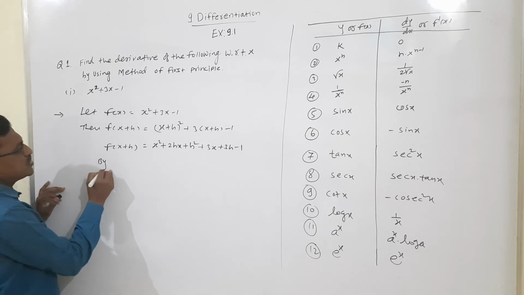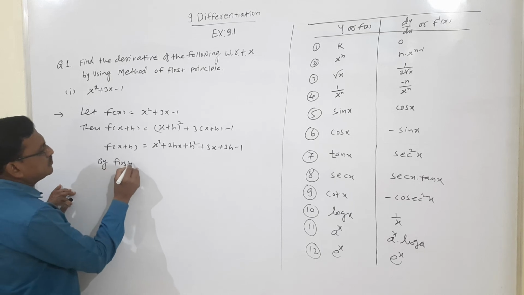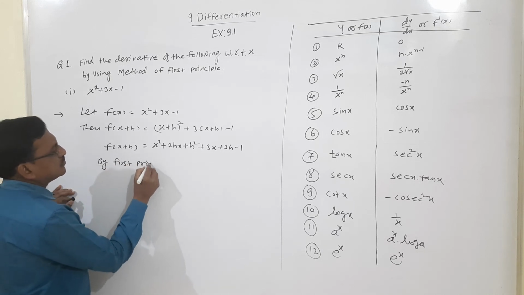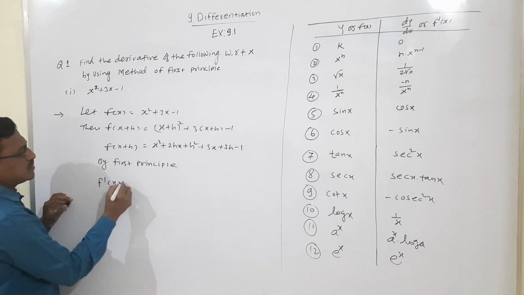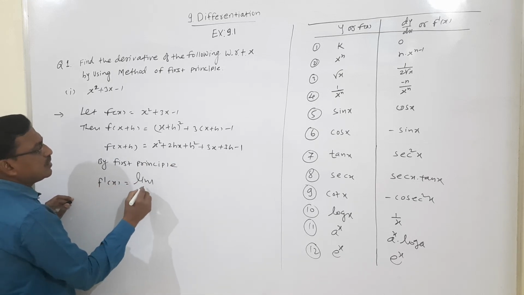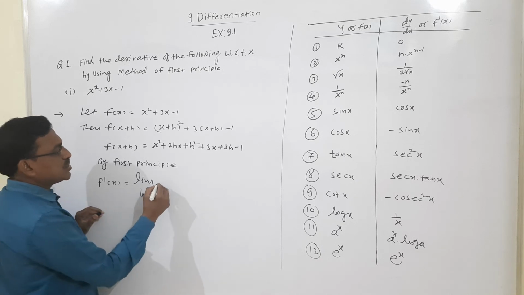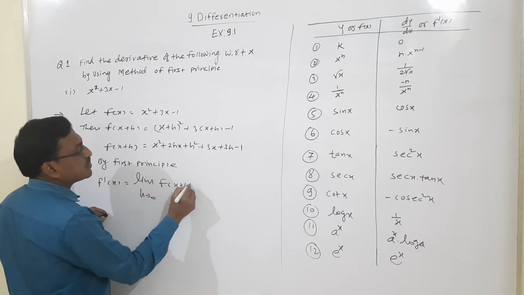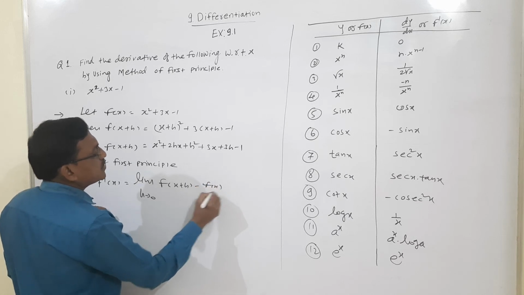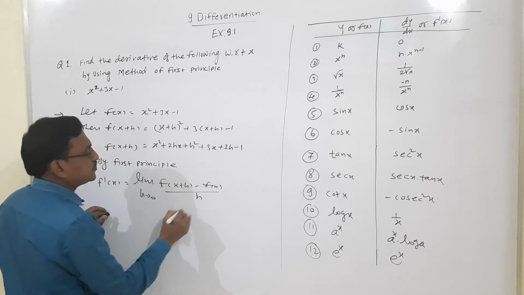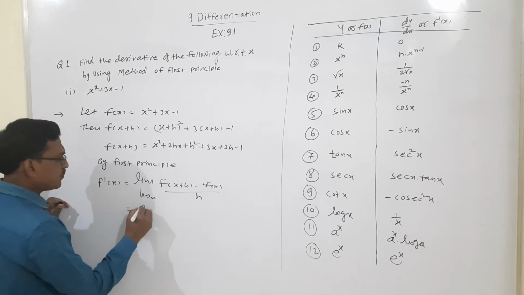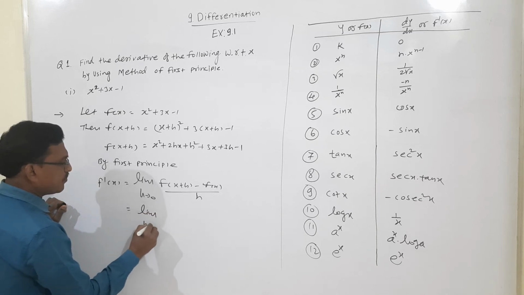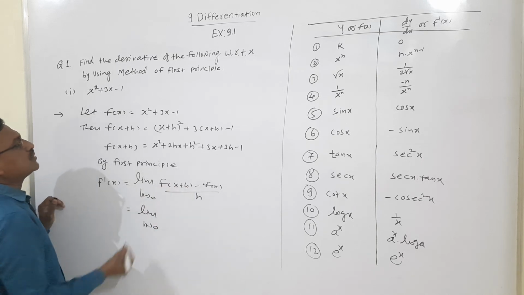Now by first principle, f dash x is equal to limit as h tends to 0 of function f of x plus h minus function f of x upon h. So now we substitute the values of f of x plus h and f of x.